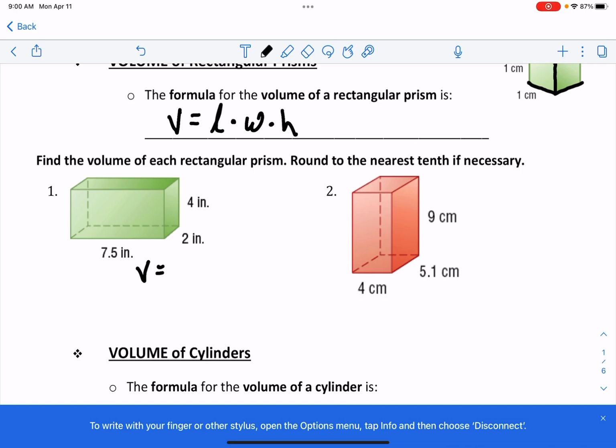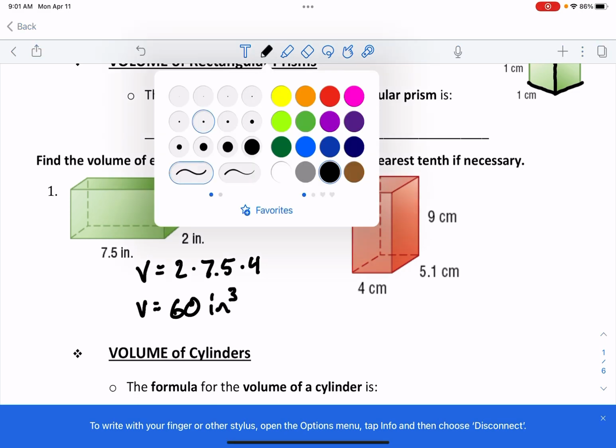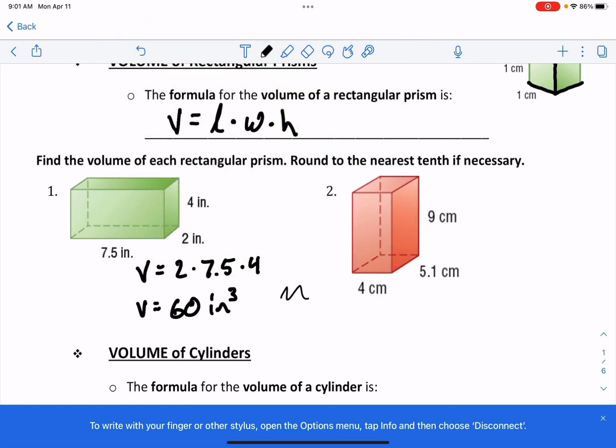So we've got a length of 2, a width of 7.5, and a height of 4. All we got to do is multiply that. 2 times 7.5 gives us 15. 15 times 4 gives us 60. So this prism here is 60 inches cubed. A little bit of thinner line going on here. There we go, perfect.